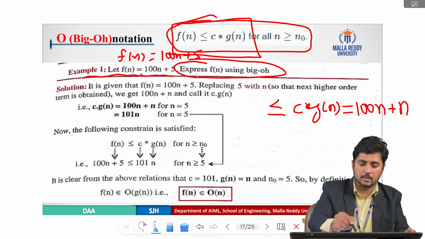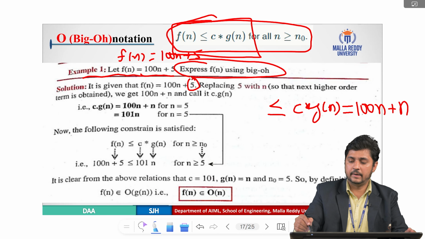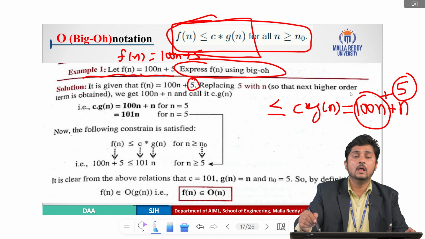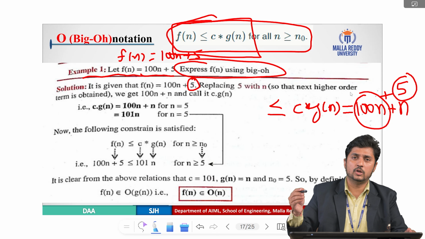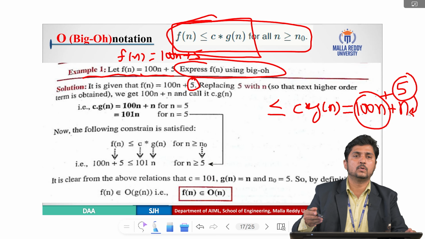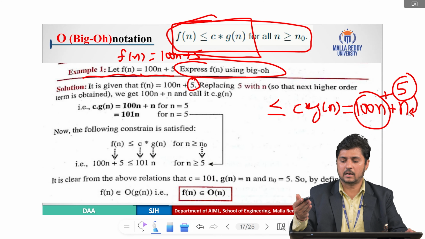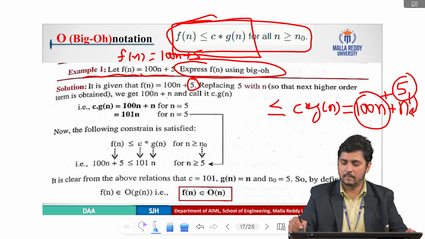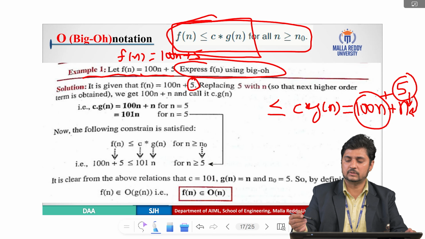In our problem statement, they have mentioned 100 n plus 5. The lower class is a constant class and the other is a linear class. Among these two classes, the lower class is the constant class, so that has to be updated with its upper class. If we replace it, we move from a constant class to a linear class. So for that reason, we replace 5 with a linear class term.